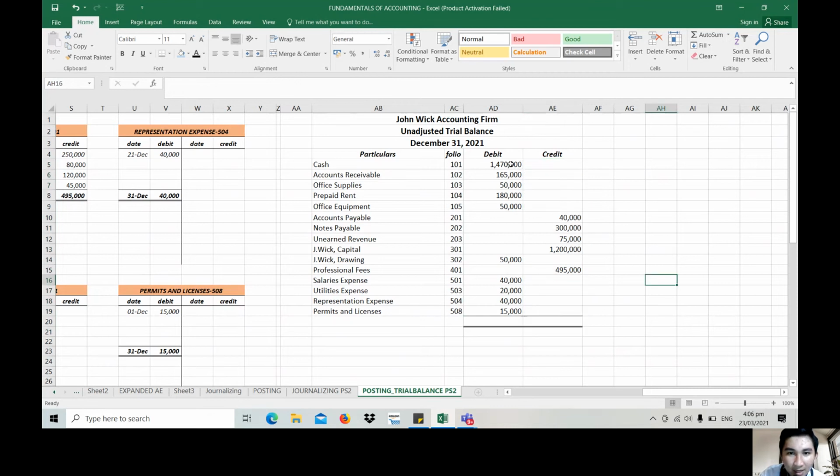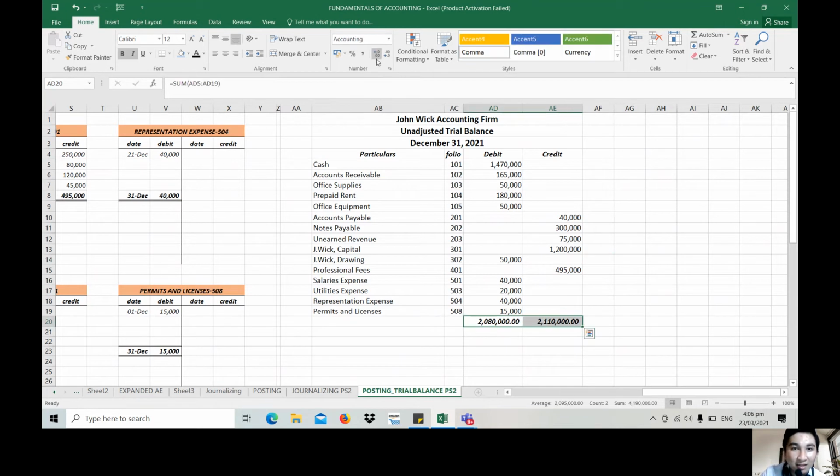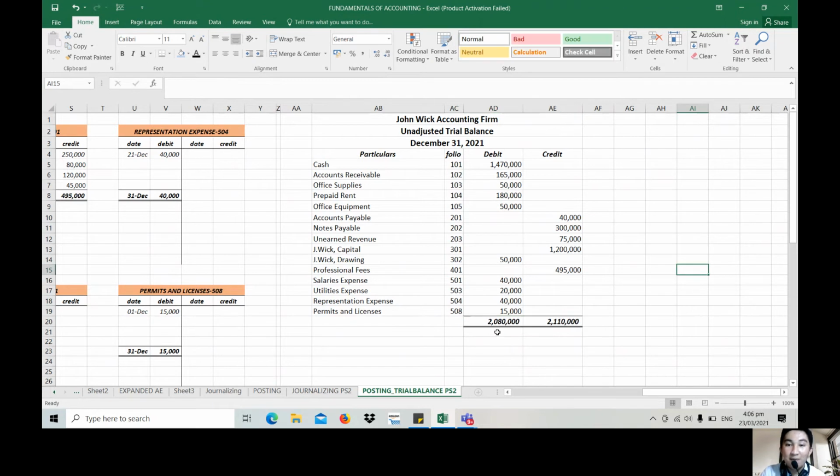May nakaligtaan ba tayo? I-auto sum lang natin siya. Ayan, 2,800,000. I think hindi ito balance. So, magiging challenge natin, hindi siya balance guys, di ba? So, hahanapin natin yung mali natin. Tingnan muna natin kung ano yung difference. Tuturuan ko kayo kung paano hahanapin yung mali.